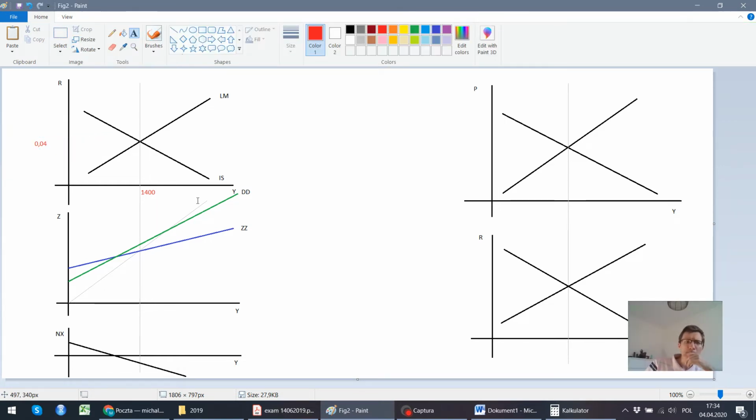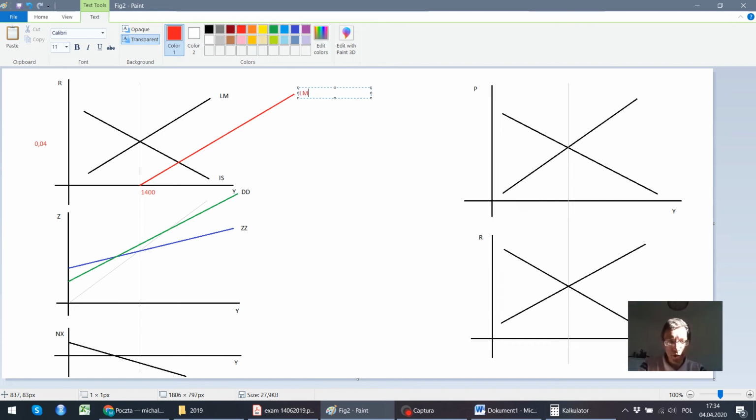Okay, cool. So what is happening? Two things. We have monetary expansion and we have fiscal contraction. So first of all, how to depict monetary expansion in this graph? Of course, we can do it by using our LM curve. Okay, so the new LM prime curve would be somewhere here.